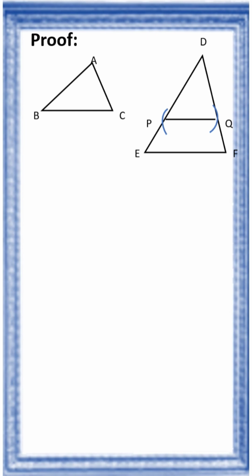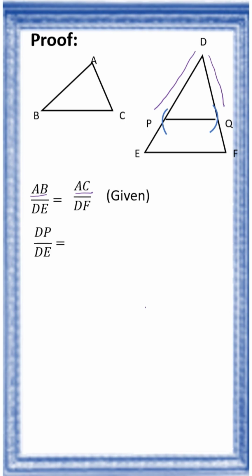Now let us prove. We are given that AB by DE is equal to AC by DF. Now we can substitute DP instead of AB, and DQ instead of AC. So now DP by DE is equal to DQ by DF. Why? By construction. Now let us take the reciprocal of both LHS and RHS. What we get? DE by DP is equal to DF by DQ.